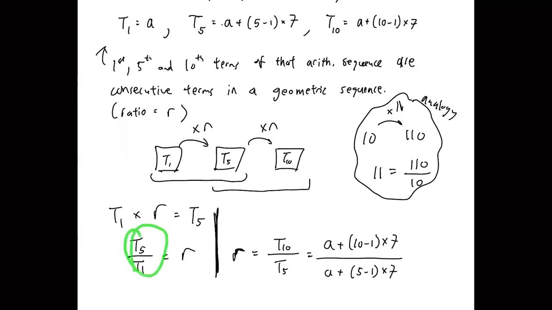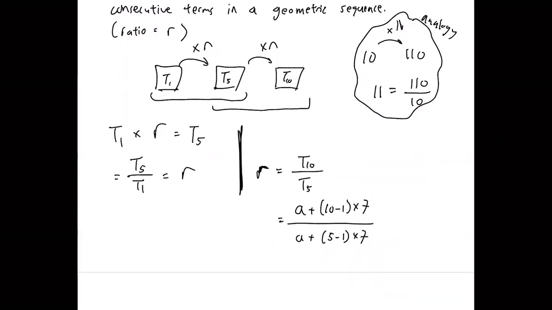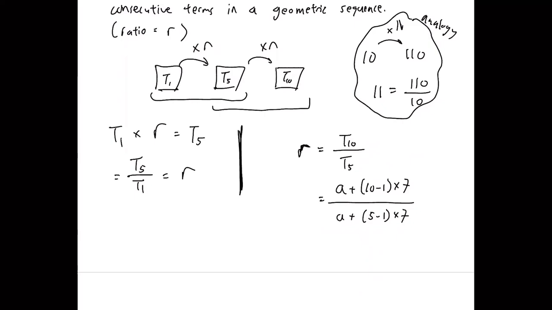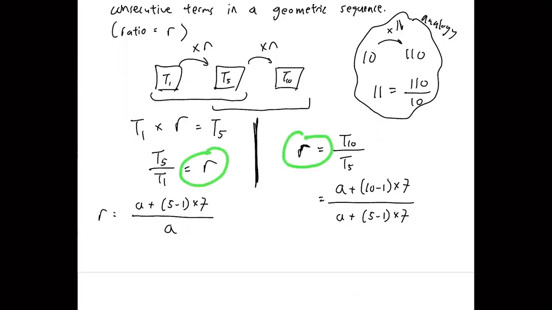Likewise, on the left-hand side, R equals T5 over T1, which is A plus 5 minus 1 times 7, divided by T1, which is just A. Both of them are equal to R, and they are equal to each other. Very good. So that means we can just equate them together.